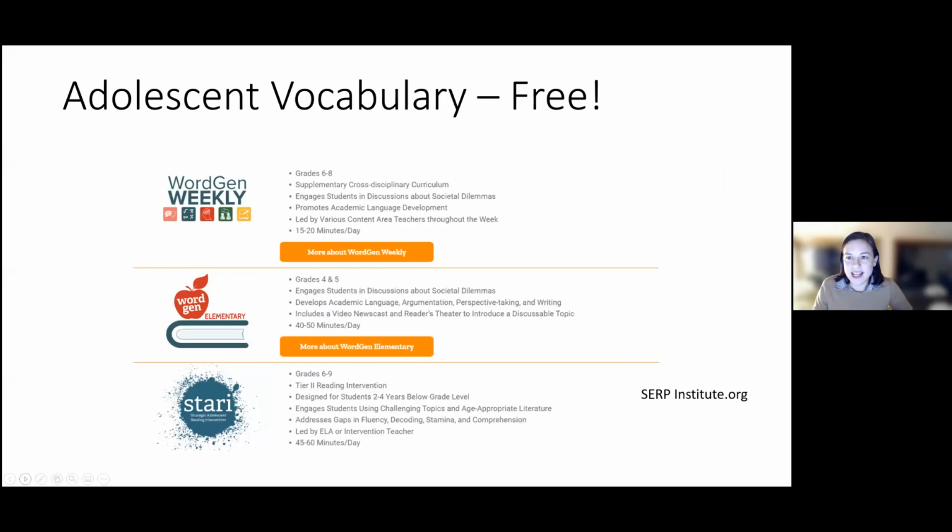Something I want to highlight at the adolescent level, the SERP Institute has put out several interventions that they have had IES grants to study. I've gotten the Word Generation materials; I've downloaded all of them. They're really fun. And then I've read the studies.